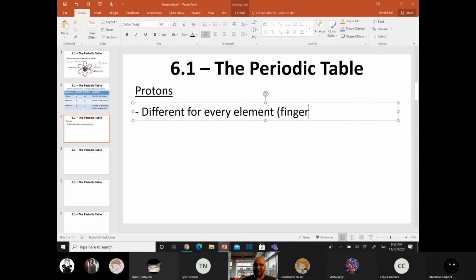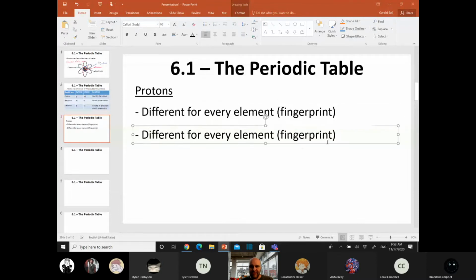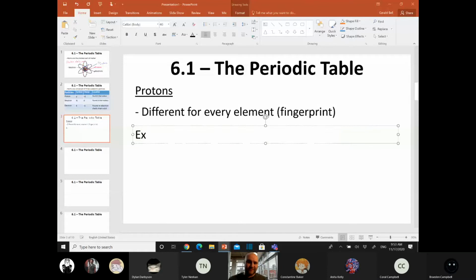I think that's such a good way of putting it. I'm just going to put that in brackets. Fingerprint. Hopefully that reminds you that it's a little bit different here. It's different for every element. So let's do a couple of examples, and hopefully you'll get the picture. And again, hopefully you have a periodic table handy.